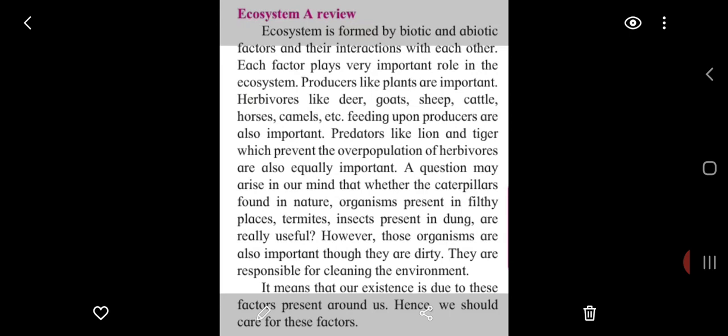Herbivores like deer, goats, sheep, cattle, horses, camels, etc., feeding upon producers are also important. Predators like lion and tiger, which prevent the overpopulation of herbivores, are also equally important.